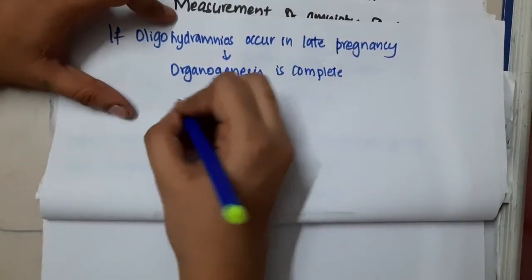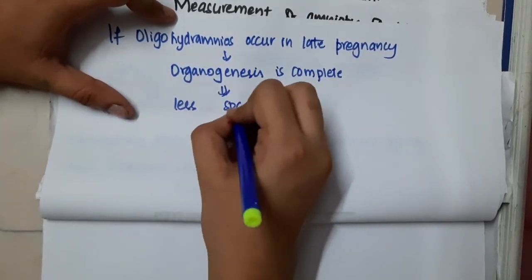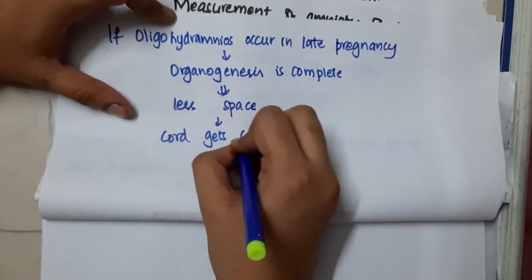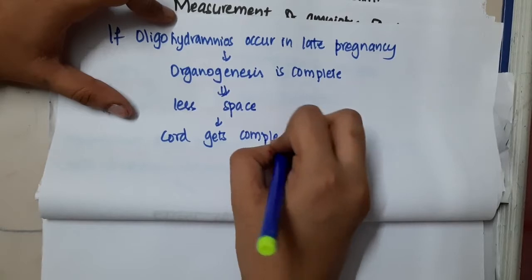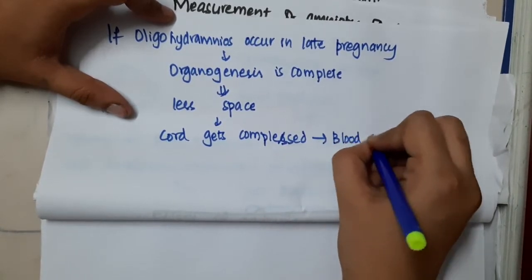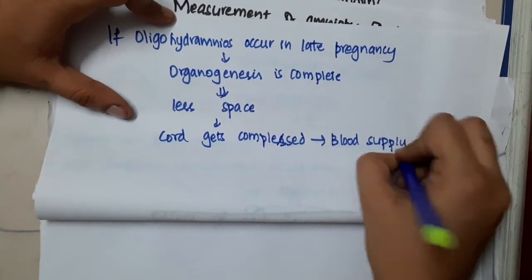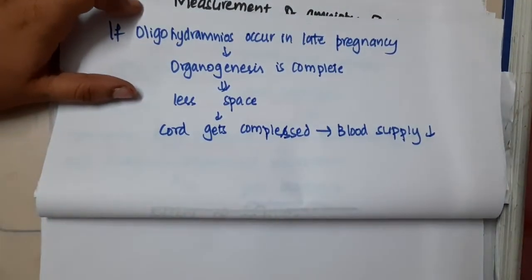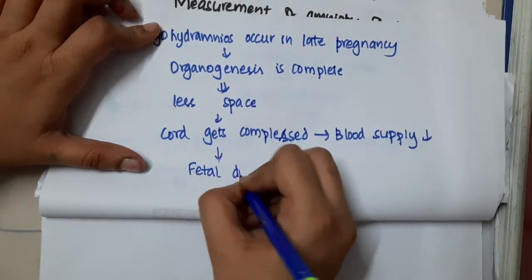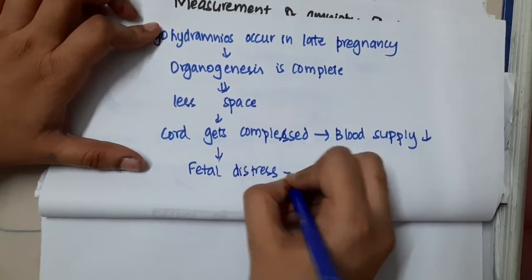But here there is less space, and because of this less space, the cord gets compressed. Because of the cord getting compressed, the blood supply will decrease.